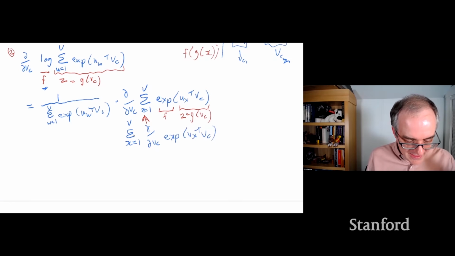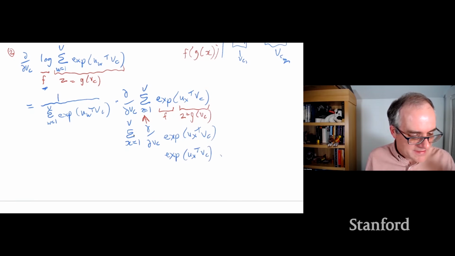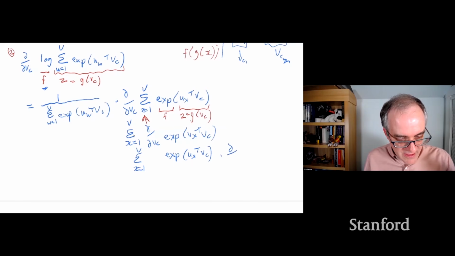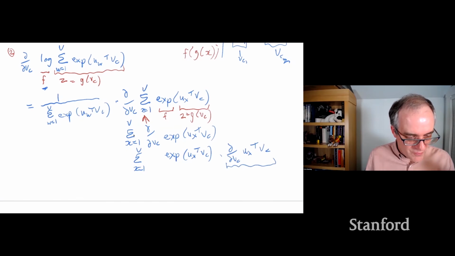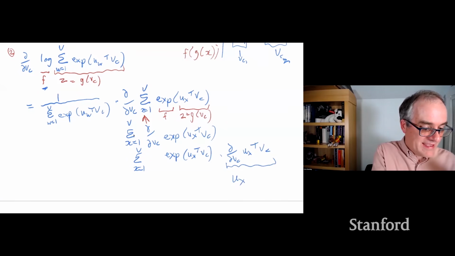The derivative of exp is itself. So we're going to just have exp of u_x^T vc times, this is the sum of x equals 1 to V, times the derivative of u_x^T vc. And this is what we'd worked out before. That part we can just rewrite as u_x. Okay, so we're now making progress.